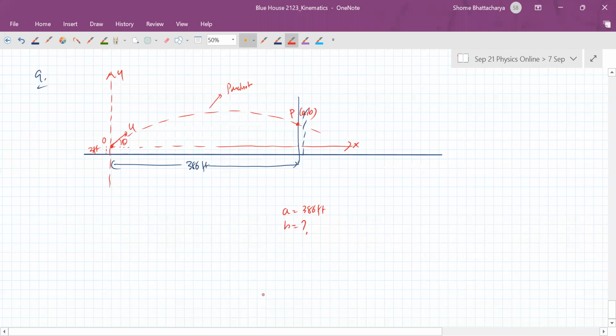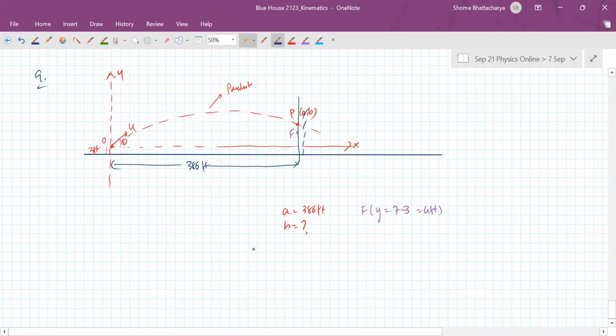B we need to calculate. And once we calculate B, we can see that the fielder is at 7 feet above the ground. So the fielder's hand position, the Y coordinate, is actually 7 minus 3, which is 4 feet. So you need to compare B with 4 feet. Whatever distance B is above 4 feet, that is the value by which he will miss it.